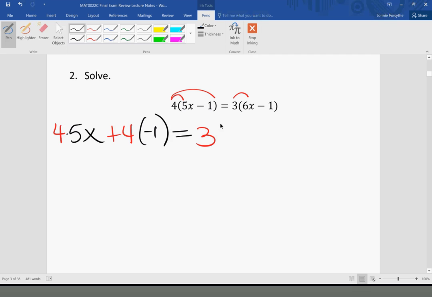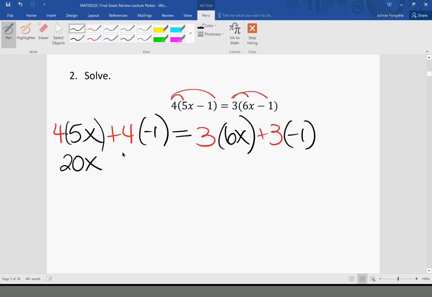So 3 times 6x plus 3 times negative 1. Okay, so on the left, 4 times 5x is 20x. 4 times negative 1 is negative 4, equals 3 times 6x is 18x plus 3 times negative 1 is negative 3. So now I have variables and constants on both sides of the equal sign.